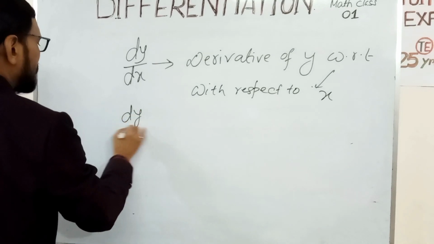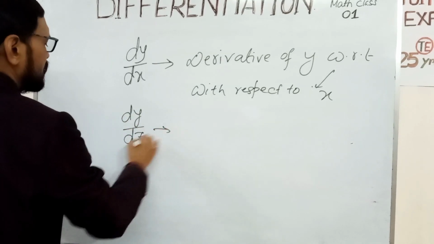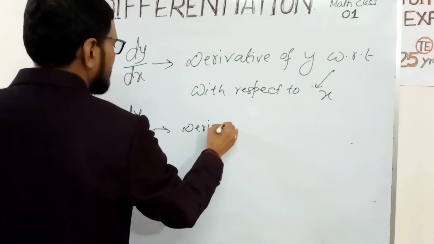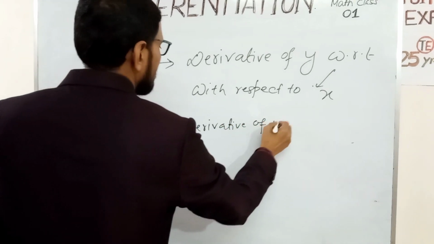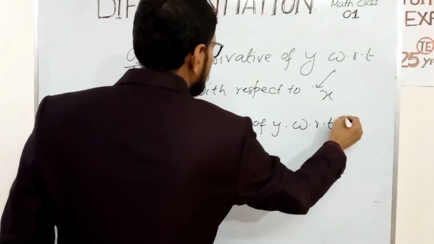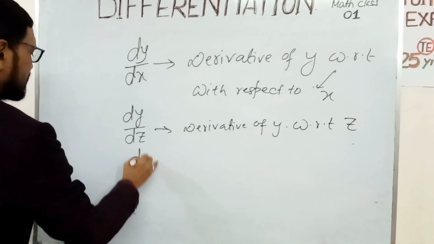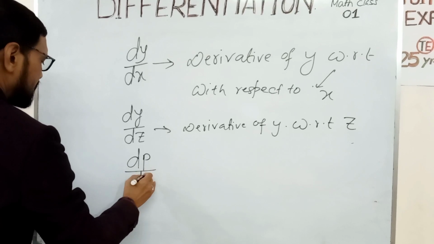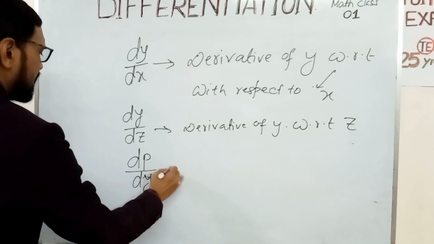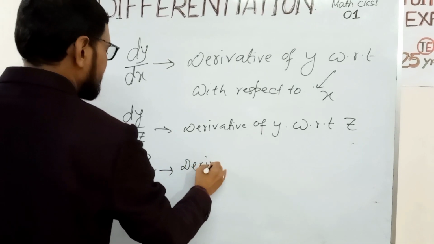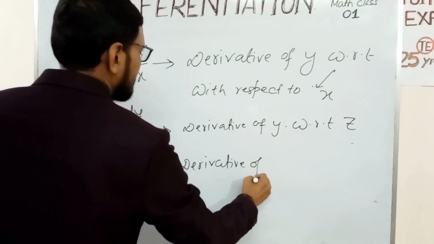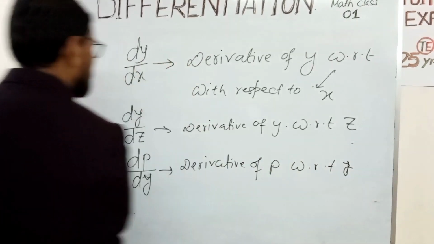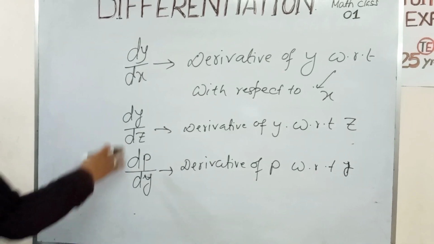Similarly, suppose dy by dz, we study this as the derivative of y with respect to z. Suppose dp by dy, we study as the derivative of p with respect to y. So we study in this way.